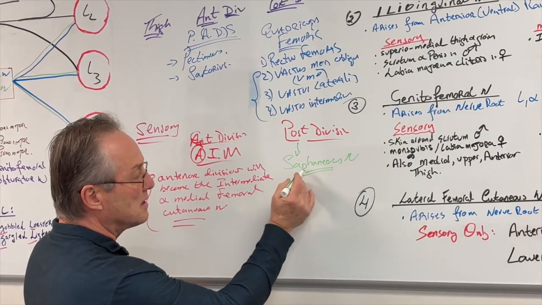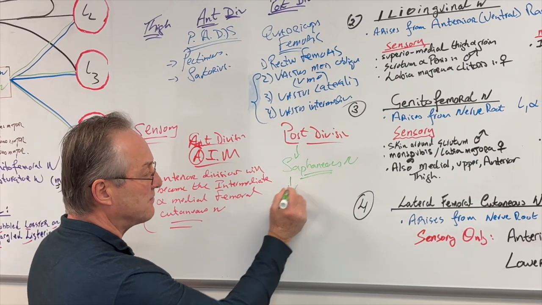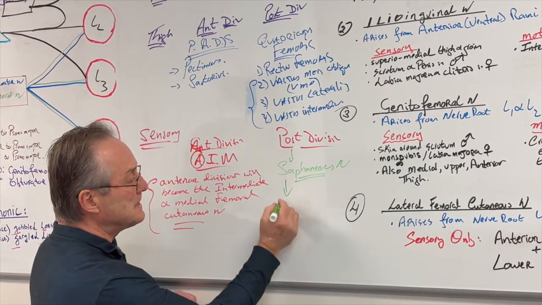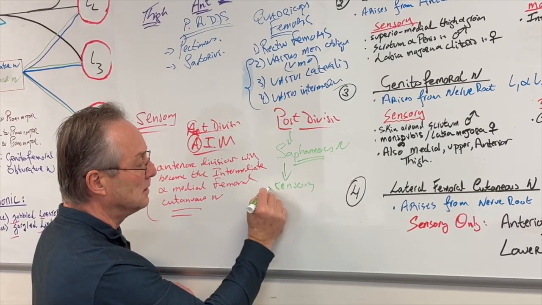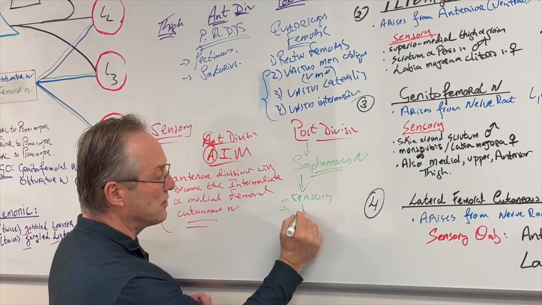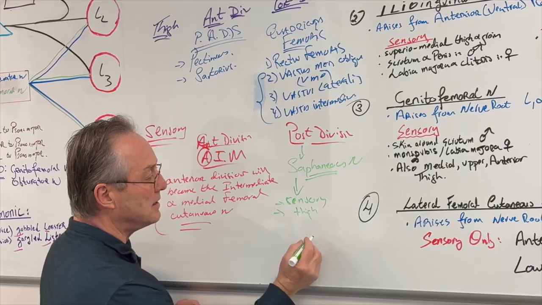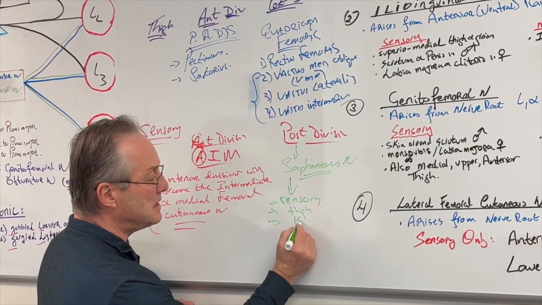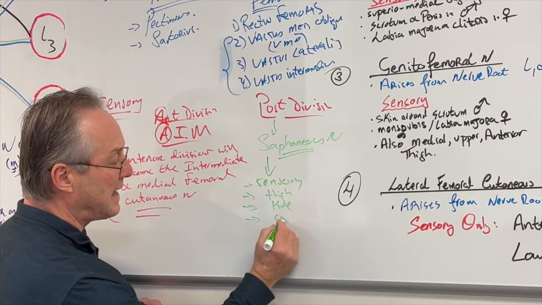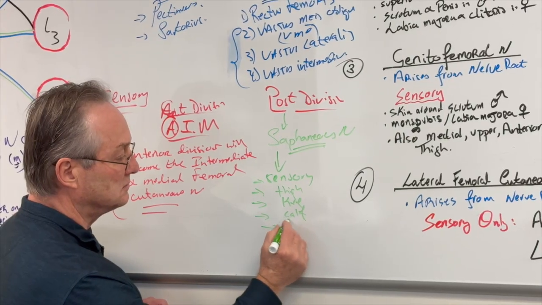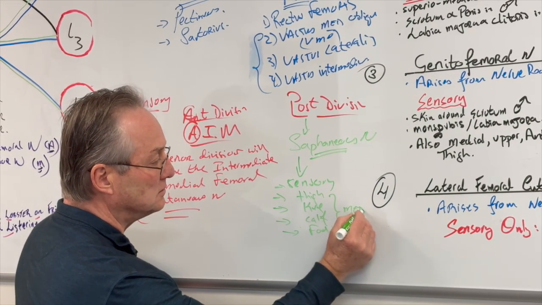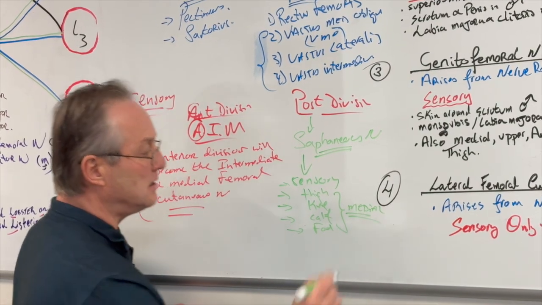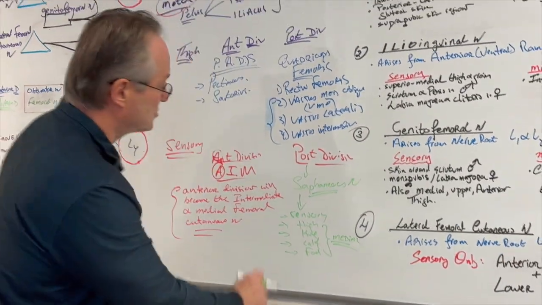The saphenous nerve, or saphenous, however you want to pronounce it. And what that does is it's sensory to the thigh, mid-thigh, knee, calf, foot, all medial. Medial, okay? The saphenous nerve.